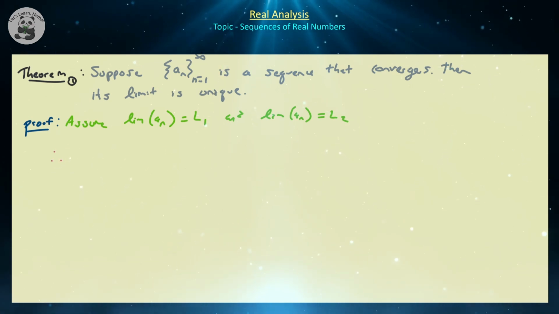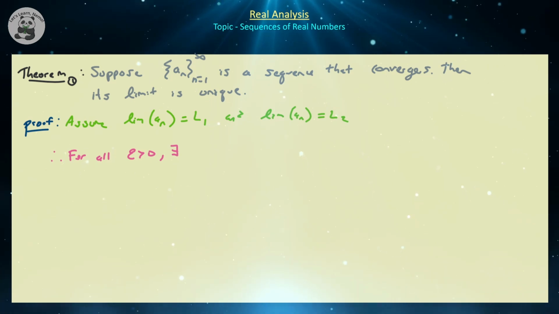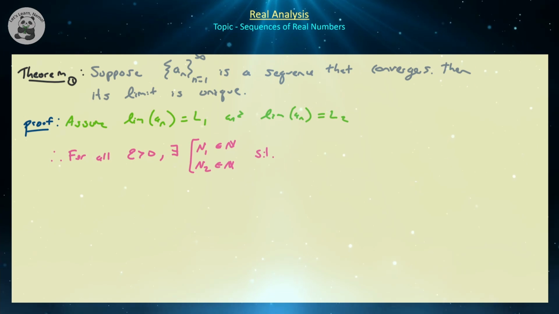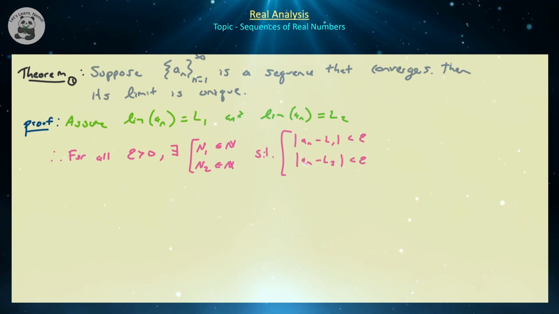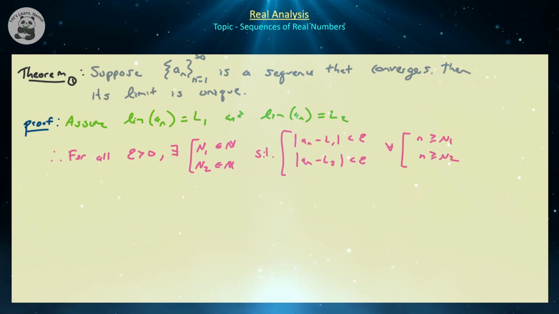So that means for all epsilon greater than 0, there exists, and we're going to do a two-part sequence of logic, an N1 in the set of natural numbers and also an N2 in the set of natural numbers, such that the distance between a_n and L1 is less than epsilon, and the distance between a_n and L2 is also less than epsilon. That must be true for all n greater than or equal to N1 and n greater than or equal to N2, where N1 and N2 are those natural numbers that we chose.